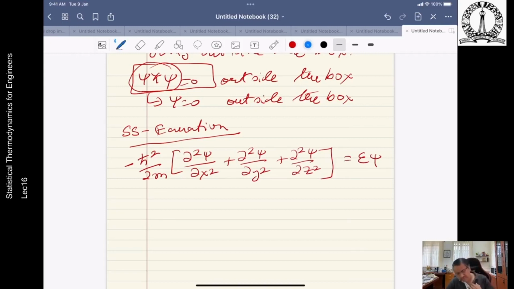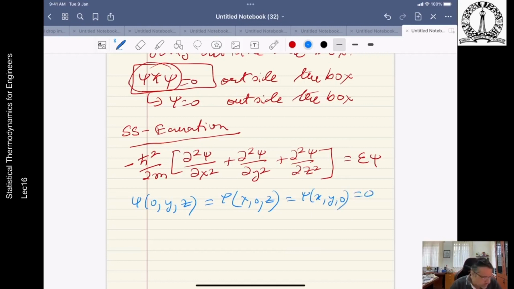Now, of course, this is a 3-dimensional system. So what are the boundary conditions? Because this is a partial differential equation, as we can see. We have psi 0 y z, that means x equal to 0, equal to psi x 0 z, equal to psi x y 0, equal to 0.